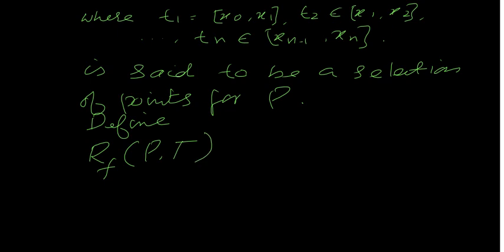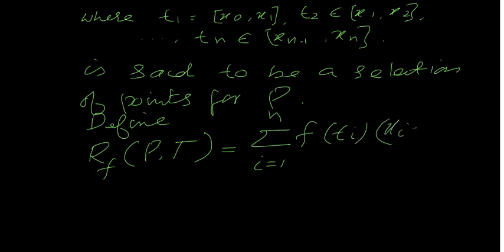We have chosen t1 in the interval; now we can choose another point, say t1 dash, and then we get a different selection of points, which we will denote by t dash. So for this selection of points we have the following sum, equal to the summation, i runs from 1 to n, of f(ti) times (xi minus x(i-1)).